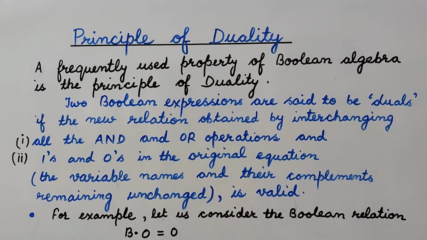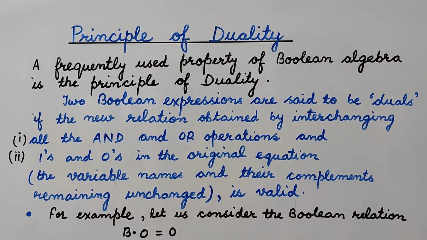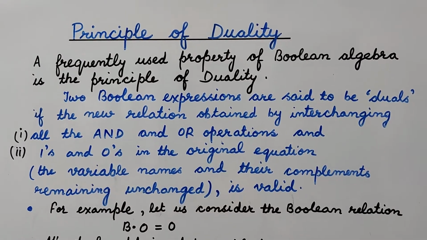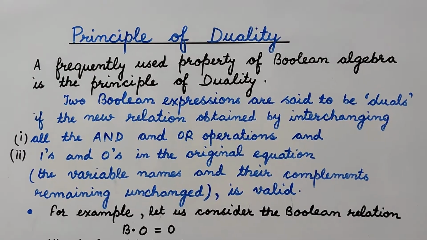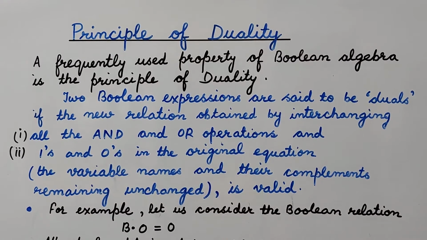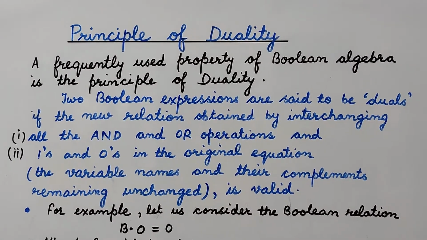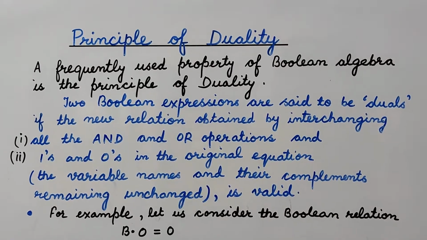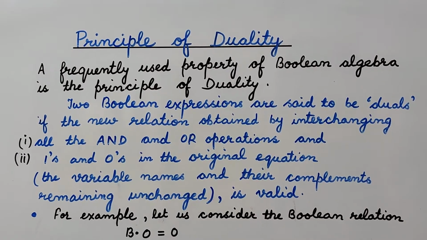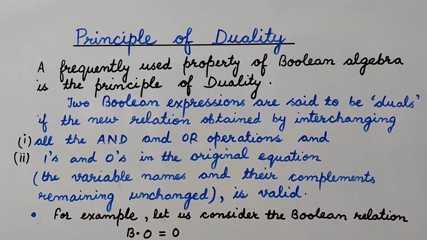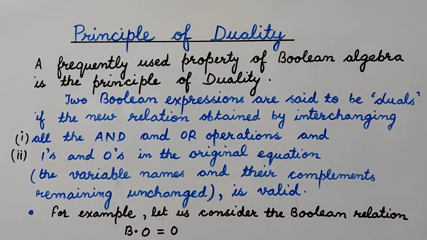But in doing so, the names of the variables and their complements should remain unchanged. Then the new relation, which is obtained by interchanging the AND and the OR operations and the ones and the zeros in the original equation, is called the dual of the original equation.